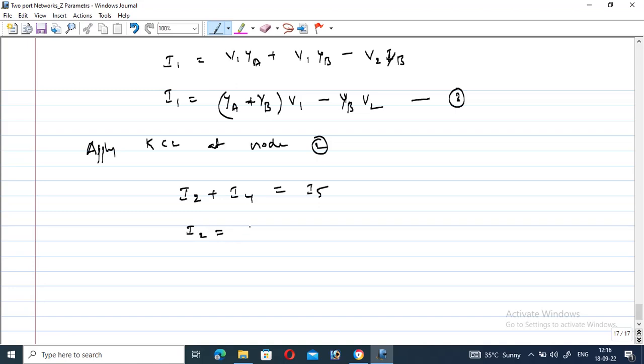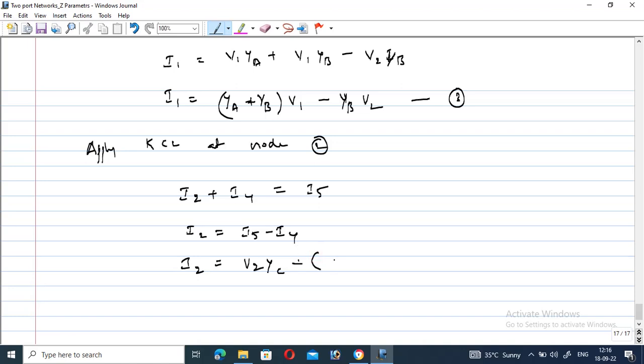Therefore, I2 is equal to I5 minus I4. I5 is nothing but V2 by Z, and since we are taking everything in the form of Y parameters, we can directly represent it as the admittance, that is nothing but YC.